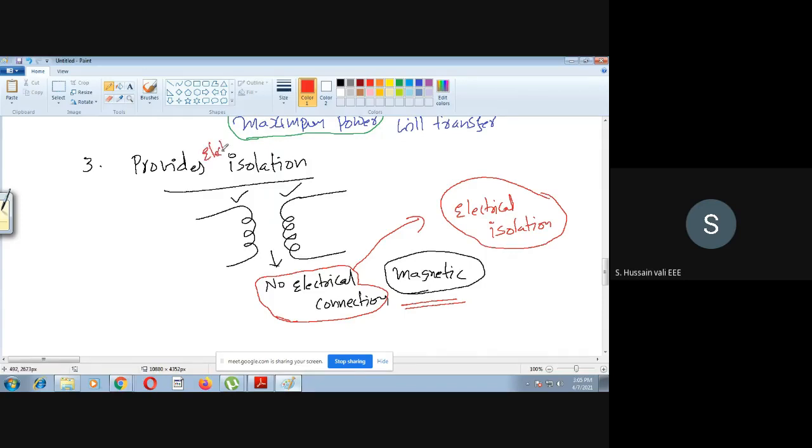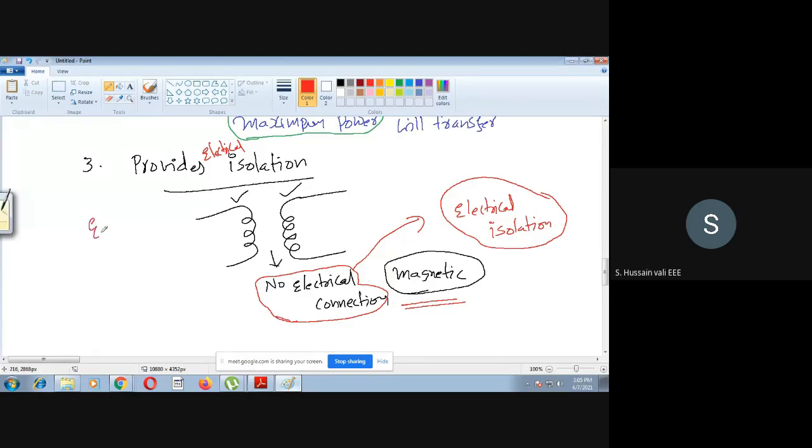I will add here: it provides electrical isolation between the two sides. How is it advantageous to have electrical isolation? Between primary and secondary the energy is transferring.